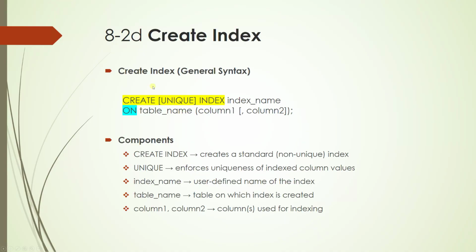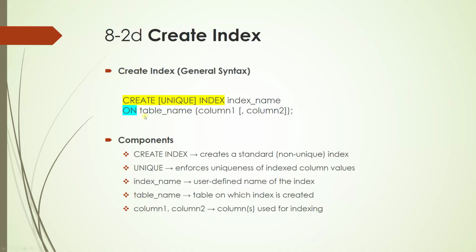If we look into this general syntax, we have 5 components. One is create index, the generic command. If we use create index, then it will be non-unique. But if we use create unique index, then it will be a unique index, and no two records could be similar within the table.